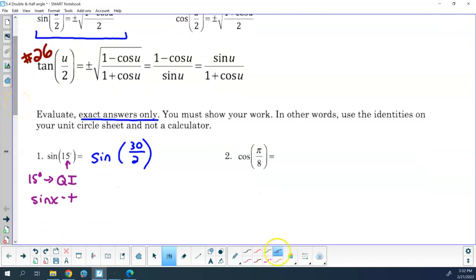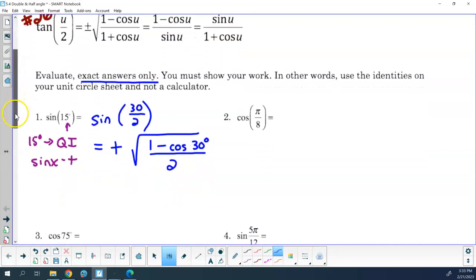So this is the positive square root of 1 minus the cosine of 30 degrees, and inside that is still 2. So far, not looking too bad. I can handle that so far. Need to grab this one and bring it down.